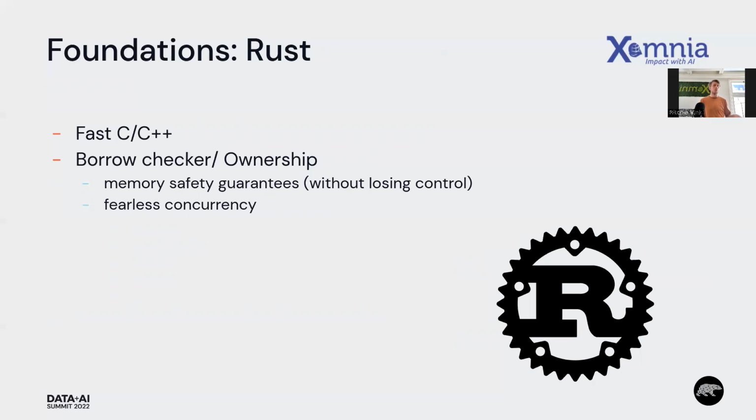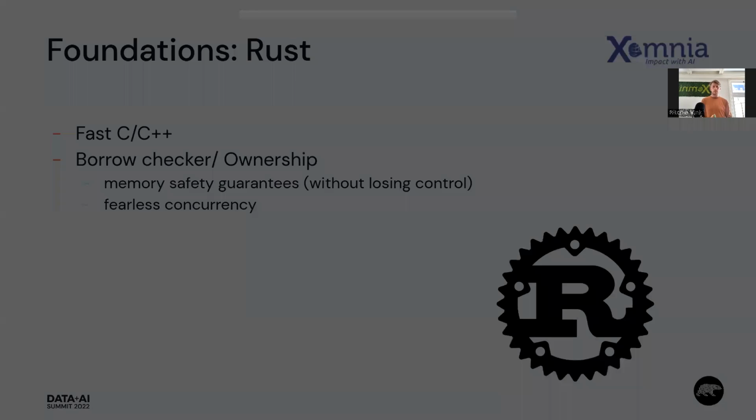So you have very strong memory safety guarantees, but you don't lose control. You can still fully control memory and make sure you traverse memory in a cache efficient way. And the same ownership model also leads to fearless concurrency. It's way harder to get data races, aliasing, etc., thanks to the borrow checker.